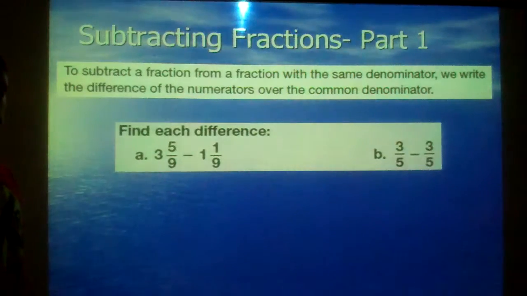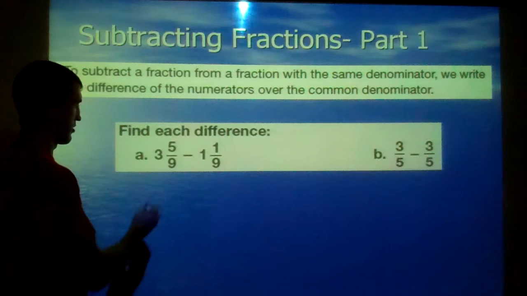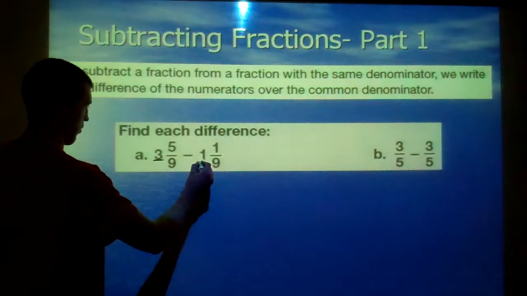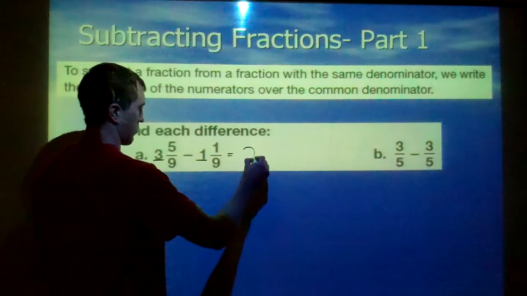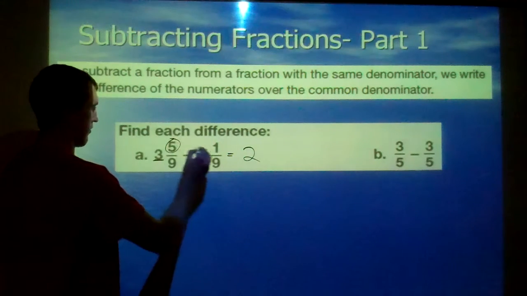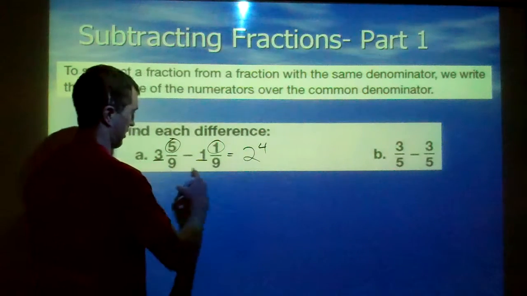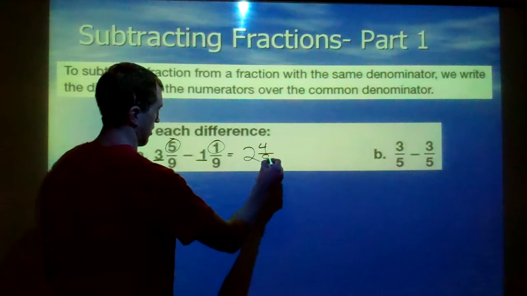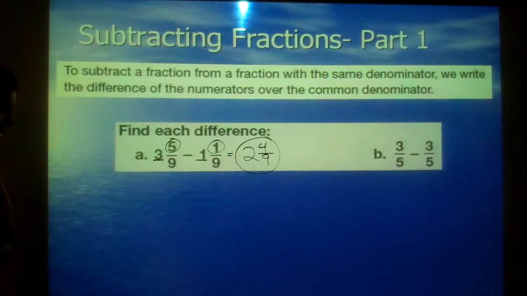So if we look at these examples, we take our large numbers out front, 3 and 1, and subtract those. So 3 minus 1, we get a 2. And we subtract our numerators, 5 and 1. 5 minus 1 gives us a 4. And the common denominator is 9. So 2 and 4/9 right there.